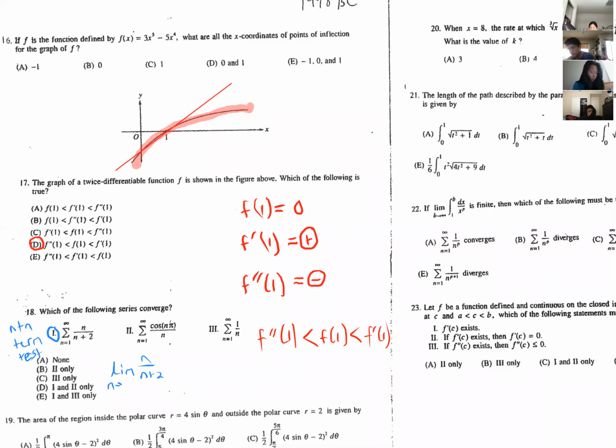You could do L'Hopital's rule here. When you take the derivative of the top and the bottom, you get 1 over 1, so this limit equals 1. According to the nth term test, if the limit as n goes to infinity doesn't equal 0, the series must diverge.